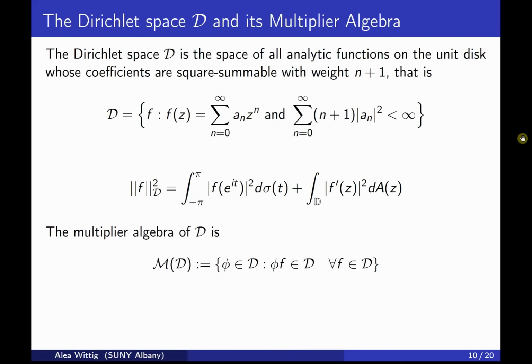We'll be concerned with the multiplier algebra of the Dirichlet space, which I'll call MD. And we have this inclusion here, where the multiplier algebra of the Dirichlet space is a proper subset of H infinity.